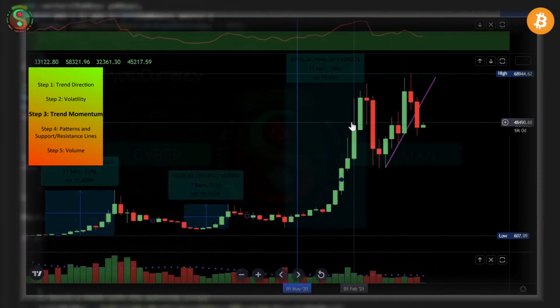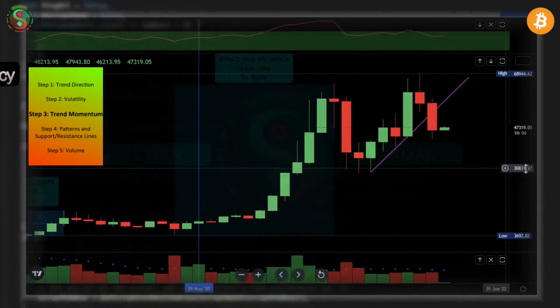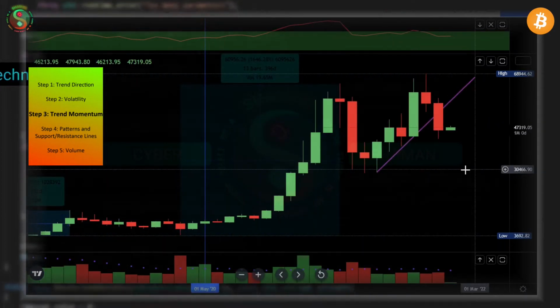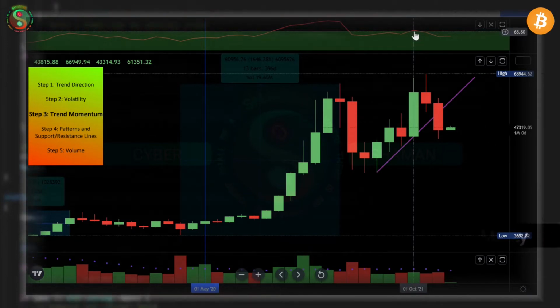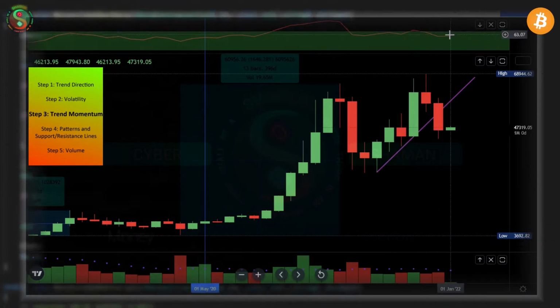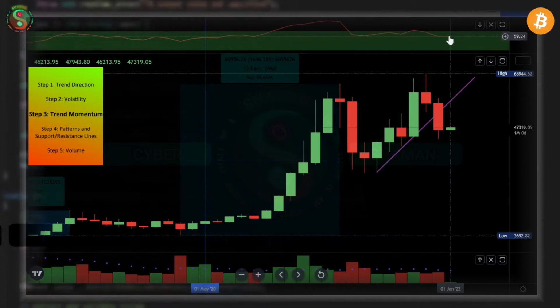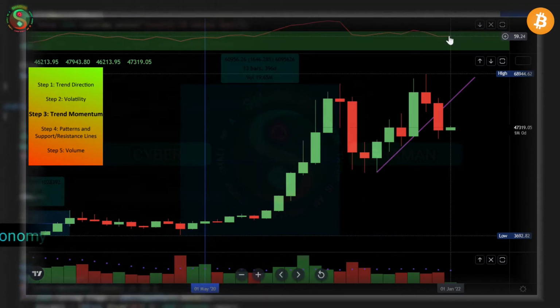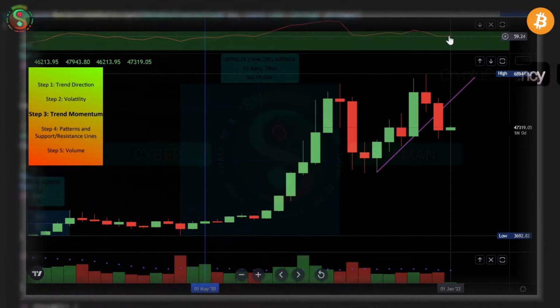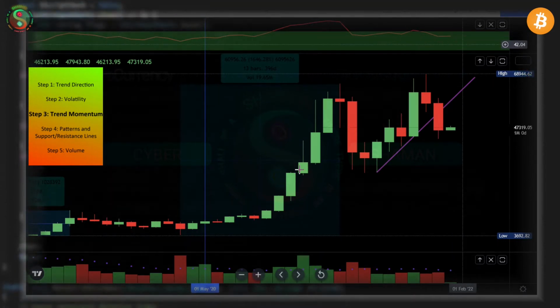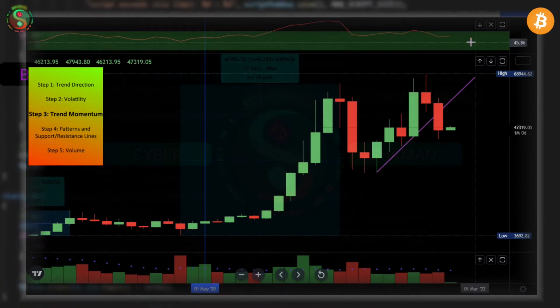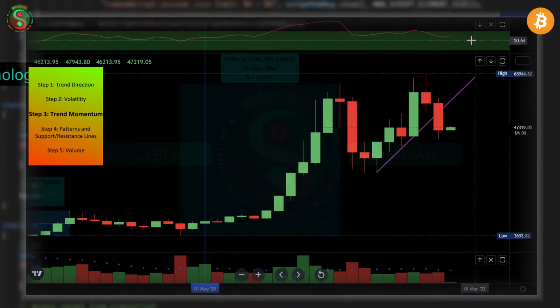But this time we got a rejection at the textbook 70% level and are currently at 59 approximately. So our usual next support will be the 50% level.